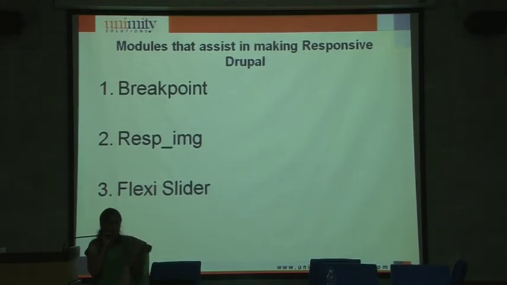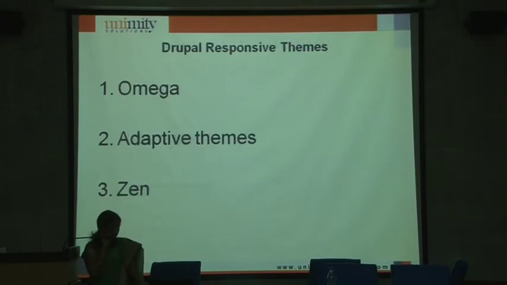You can use this along with the Responsive Image module to set image cache presets for different breakpoints that you want to have in your site. Another interesting module is Flexslider, a responsive slider which helps to bring a responsive image gallery to Drupal. Some good starter themes for responsive design are Omega, Adaptive Themes, and Zen.